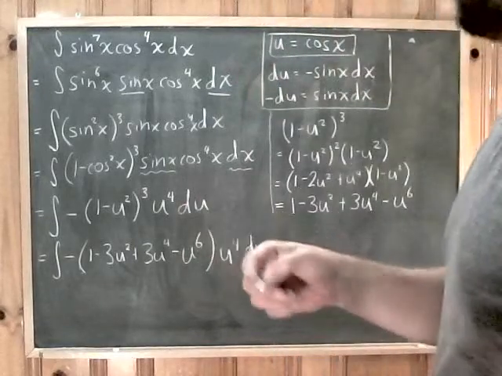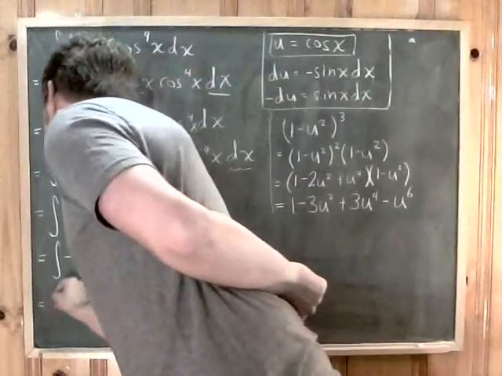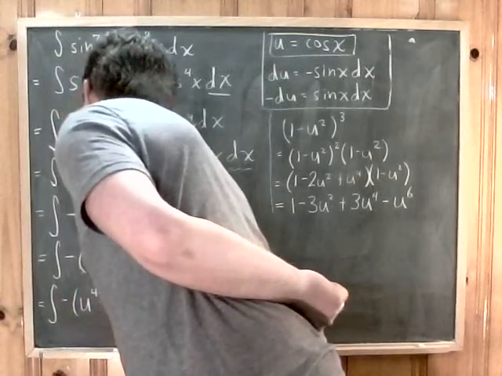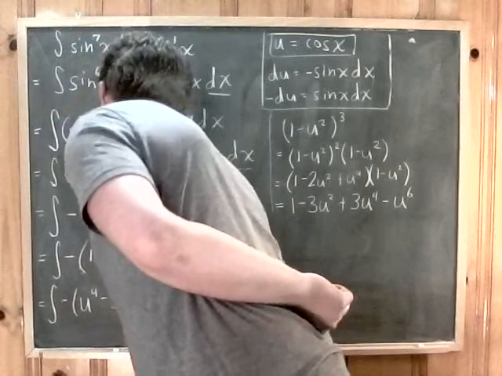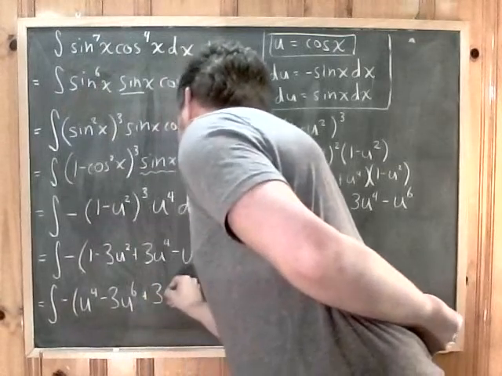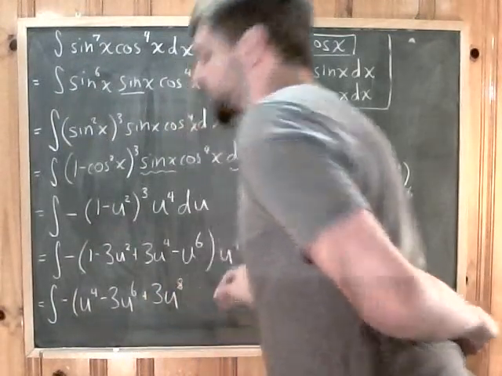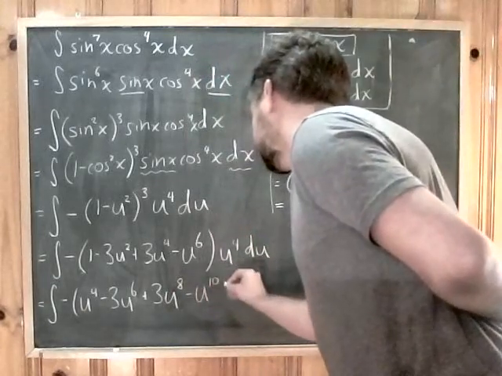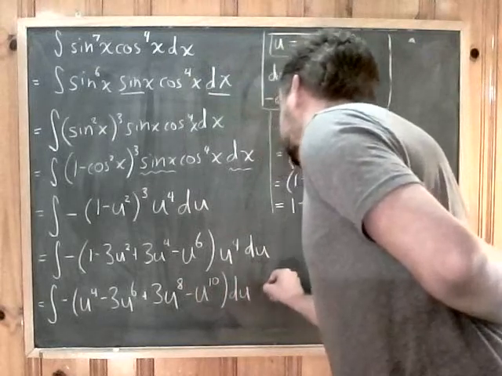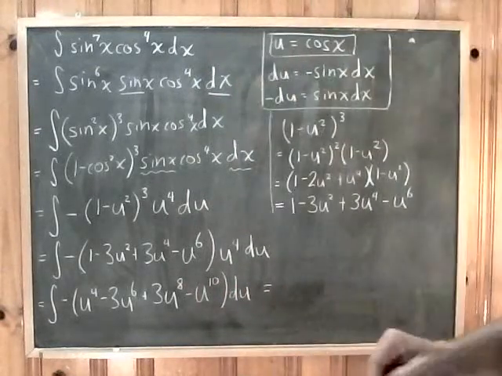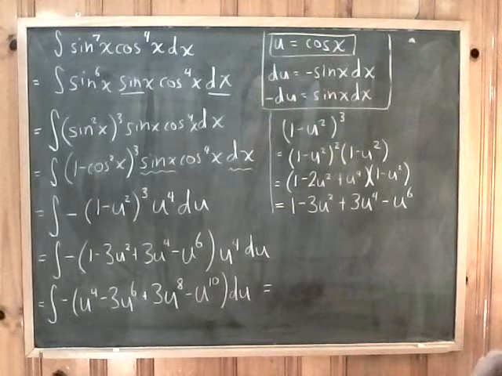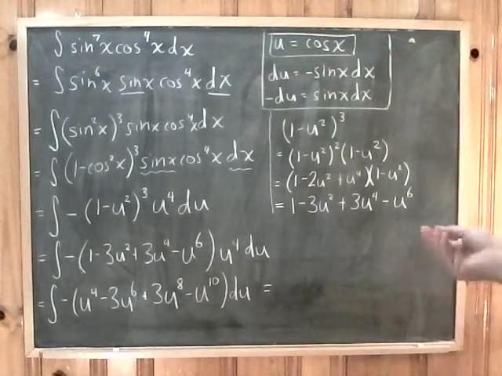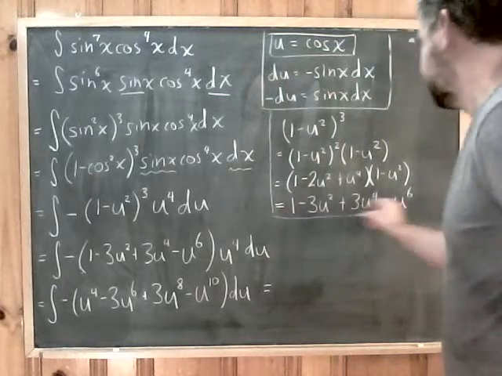So I need to just multiply through the u to the 4, and I get u to the 4 minus 3 u to the 6 plus 3 u to the 8, adding the exponents each time, minus u to the 10 du. We could put the minus sign all the way through, and we can also do the raise and divide. To save some space, I'll do both of those at the same time.